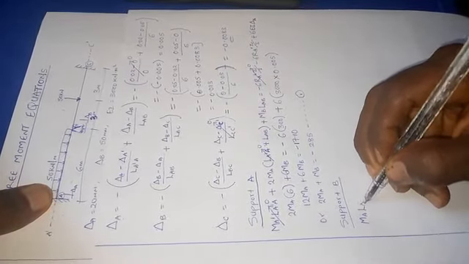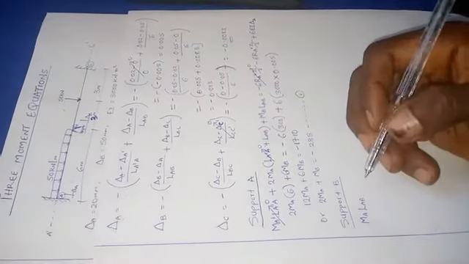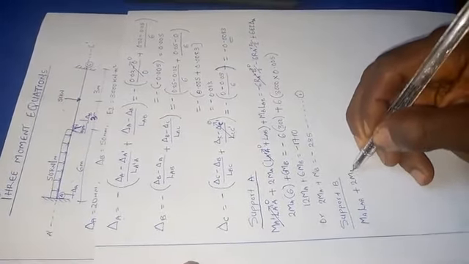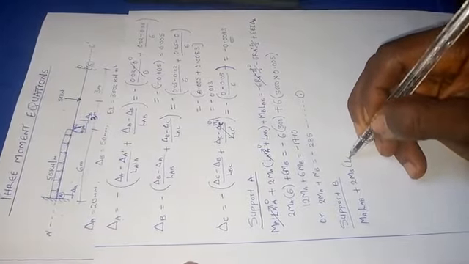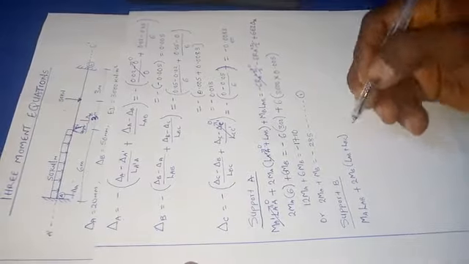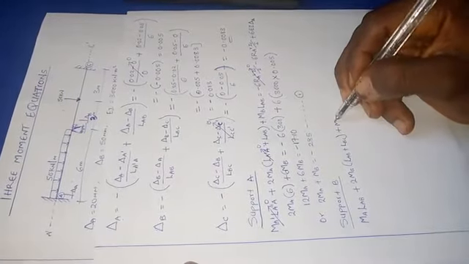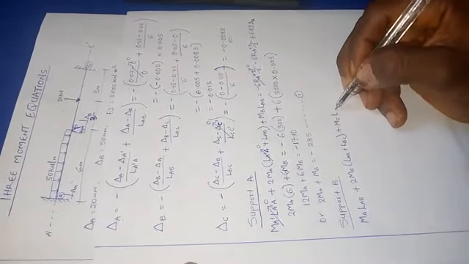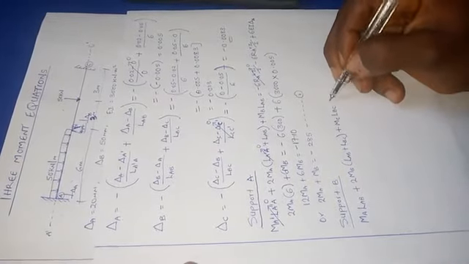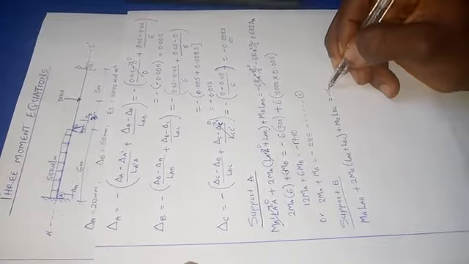multiplied by the length of A to B, then plus 2 moments at B multiplied by the length of AB plus the length of BC, then plus the moment at C times the length of B to C, equal to minus 6.